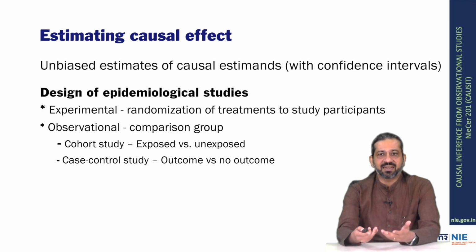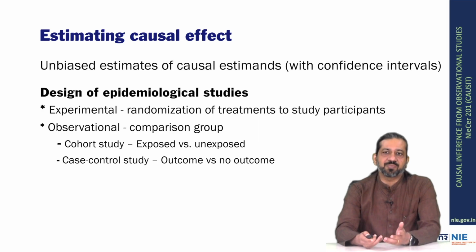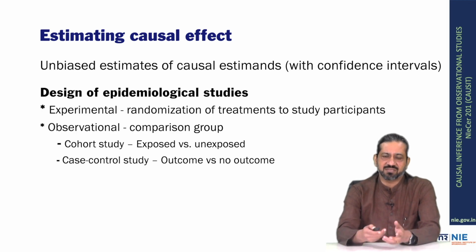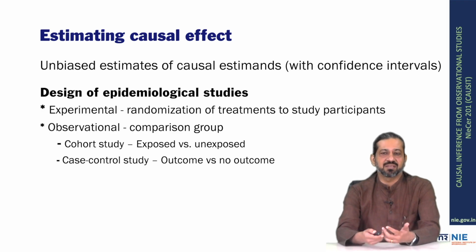And so valid causal inferences can be obtained in observational studies by adjusting the estimated treatment effects for the covariates through various mechanisms. We have regression models, we have propensity score, and so linear regression, logistic regression, and Poisson regression.